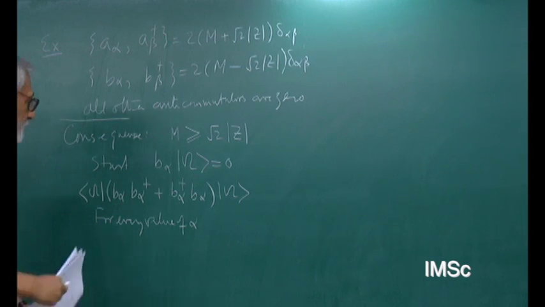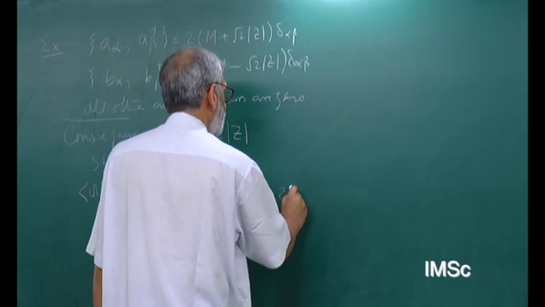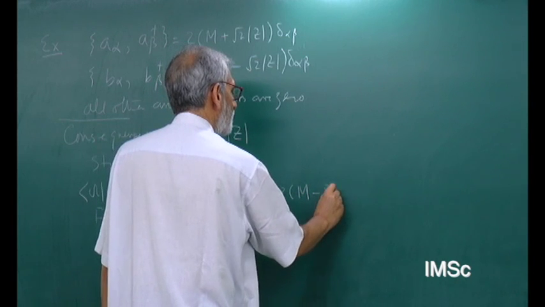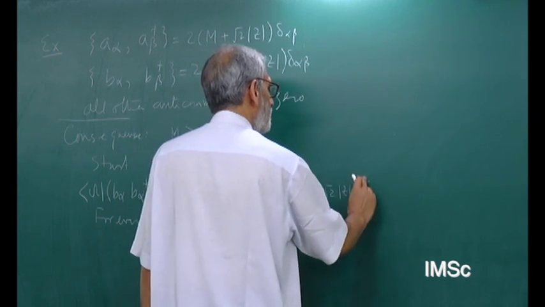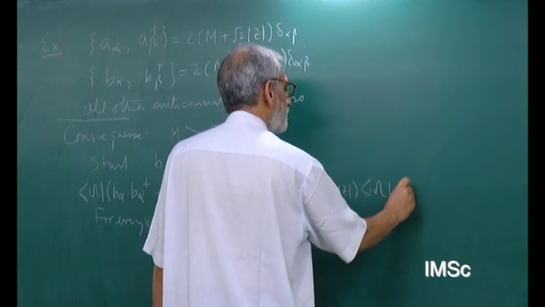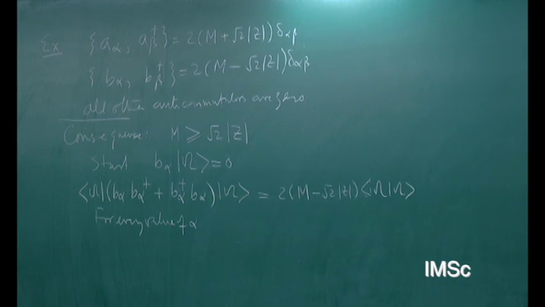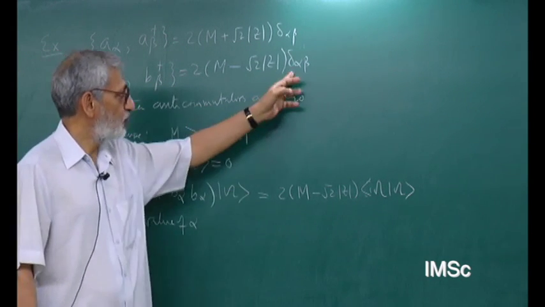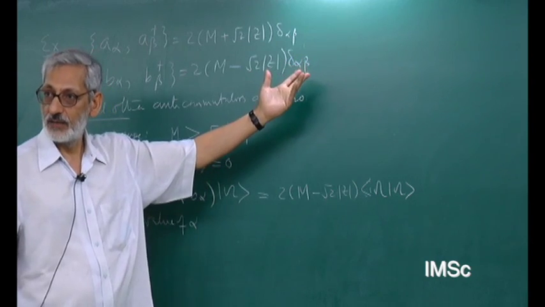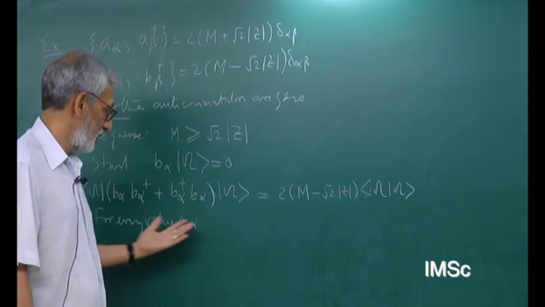For each of them, use this algebra. This one, it's 1, 1, so delta 1, 1 is 1. Or this other equation is 2, 2. So the same equation you will get.